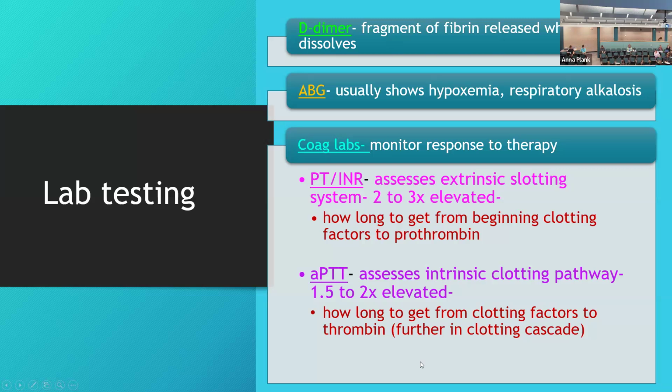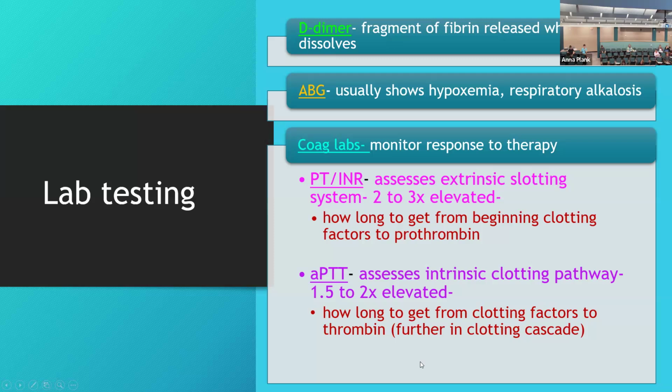So when we say we want your PT/INR to be elevated, we know that we want that before we even get to that fibrinogen that strengthens the platelet plug. When we look at our APTT, we're looking at a different point in that pathway, before we get down here between 4 and 3, before we get to that fibrinogen completely.